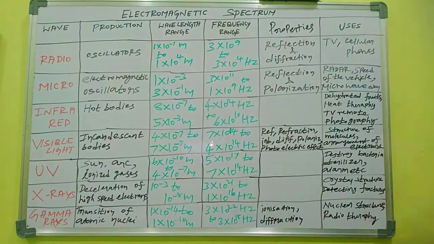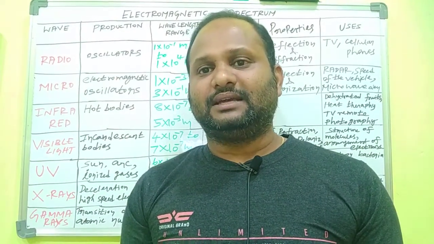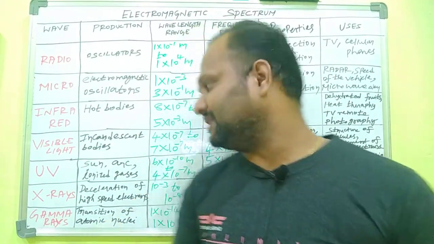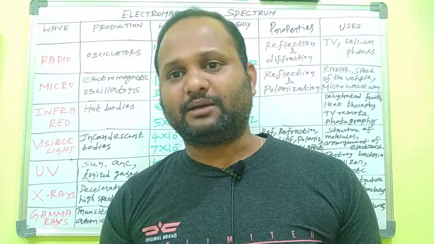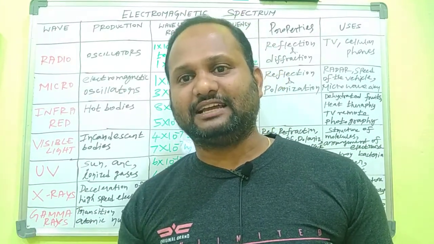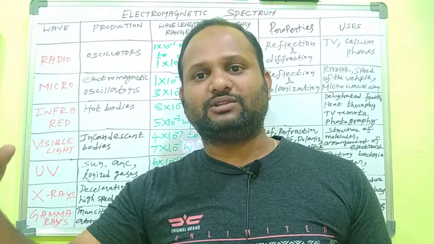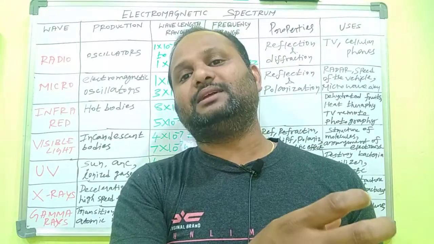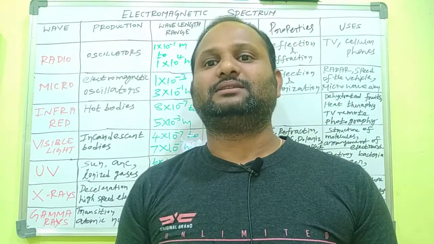The next is X-rays. X-rays we know very well, we are familiar with these rays. X-rays are produced by the deceleration of high-speed electrons when they are allowed to hit a target element of high atomic weight. When the accelerated, high-energy electrons strike the high atomic weight target material, they get decelerated.